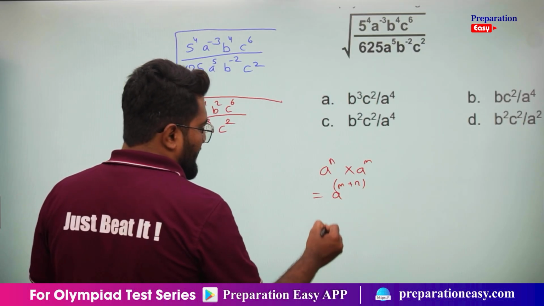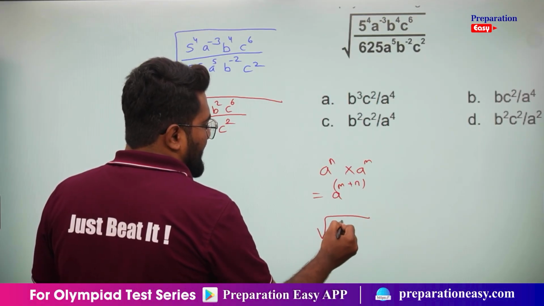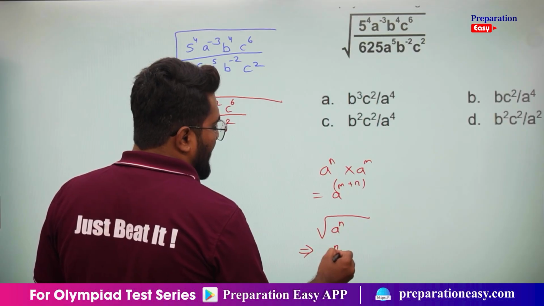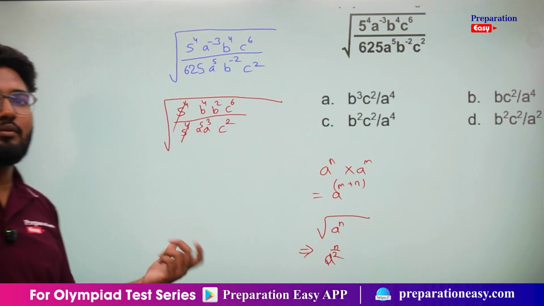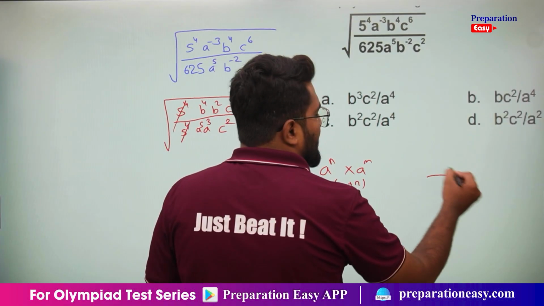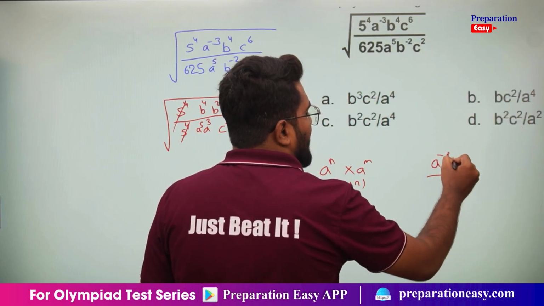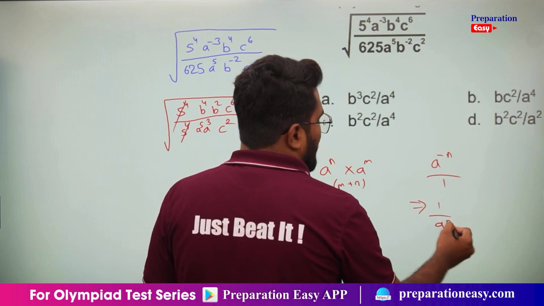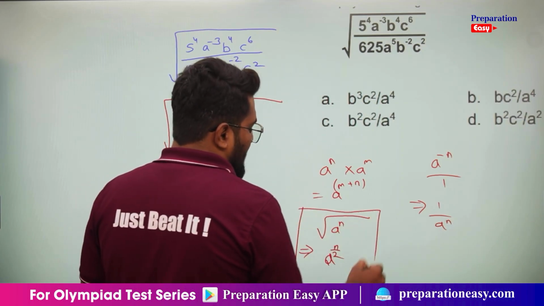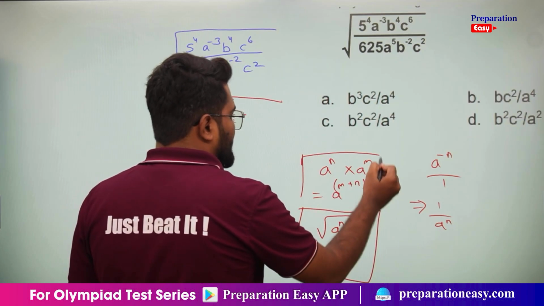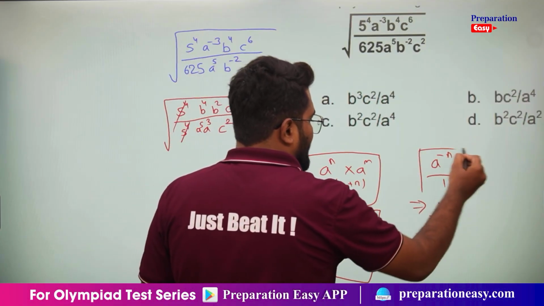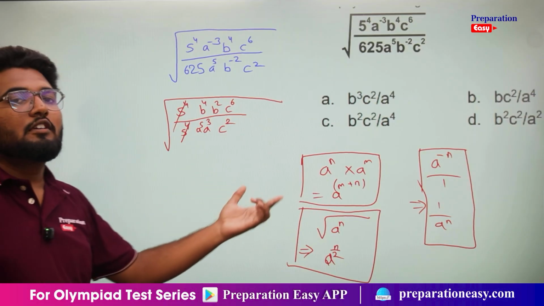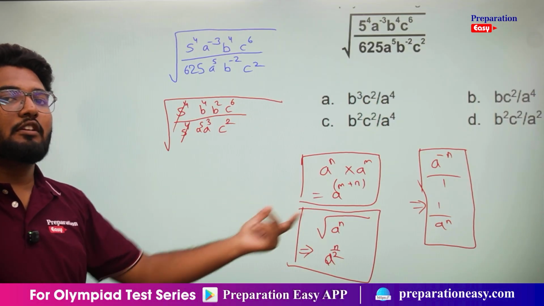Similarly, under root a power n can be written as a power n by 2, and a power minus n divided by 1 will become 1 by a power n. These are some basic formulas to convert powers, to calculate with powers.